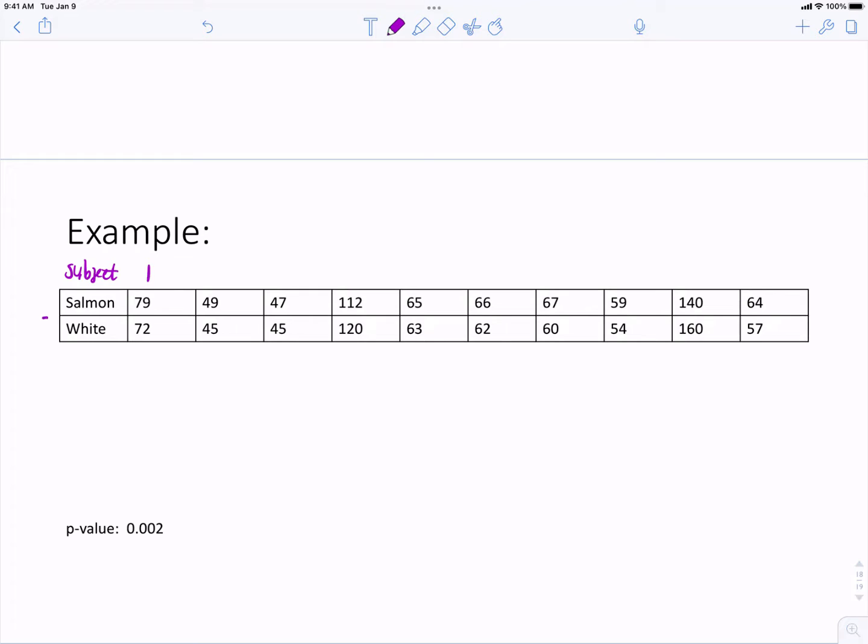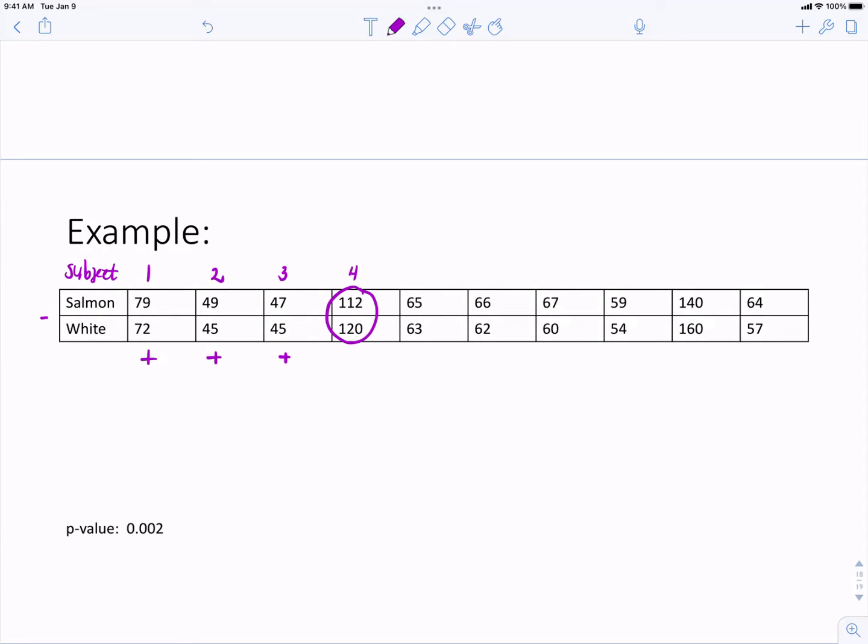Now, if we just do salmon minus white, the top number minus the bottom number, that would be a positive difference. Subject number 2 also has a positive difference, so does subject number 3. But let's take a look at subject number 4. They read 112 on salmon and 120 on white.